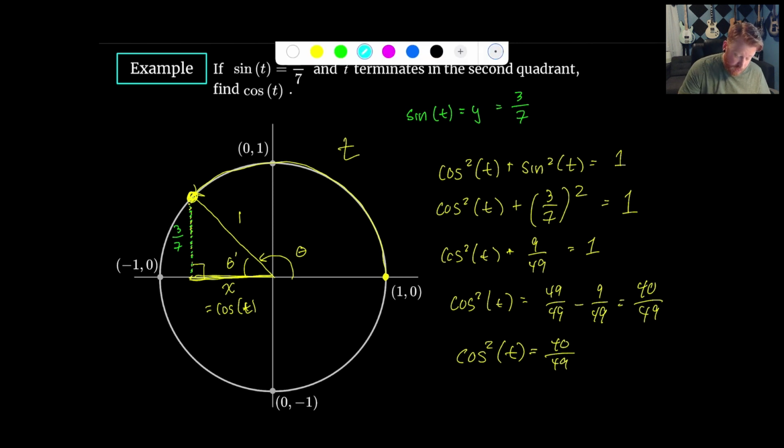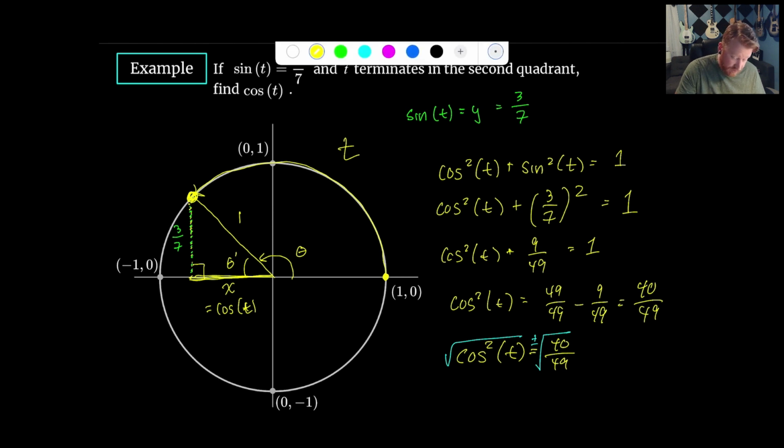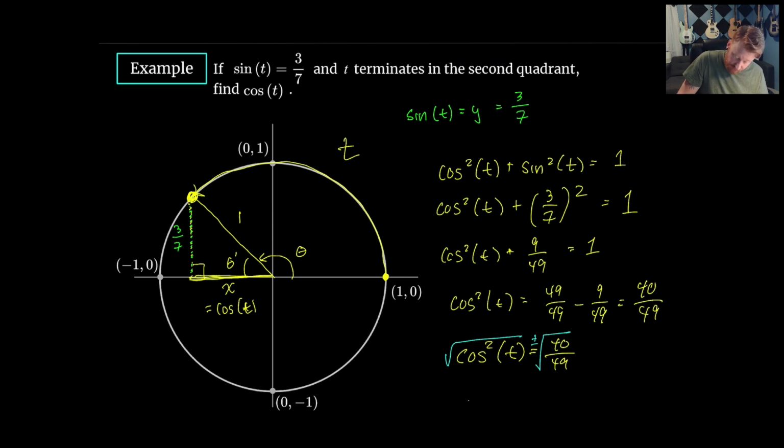Now we will take the square root of both sides. When we take the square root of both sides, we need to include a plus minus, because once you square something, it doesn't matter if it's positive or negative, it always ends up being positive. So we need to keep that condition in there. So now we've got the cosine of t is equal to plus or minus, and if I simplify this a bit, this is the square root of 40 over the square root of 49.